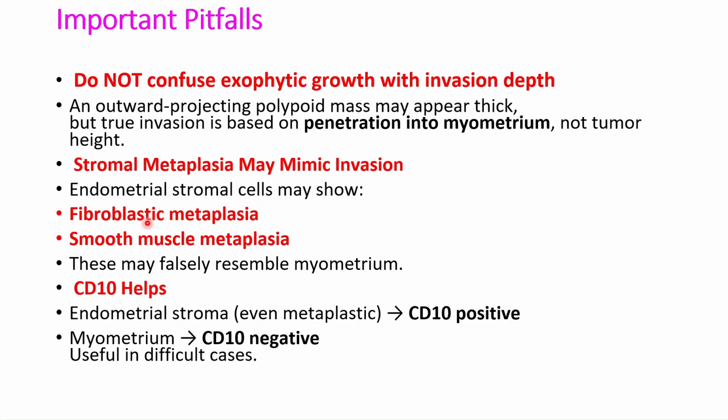Endometrial stromal cells may show fibroblastic metaplasia, smooth muscle metaplasia that resembles a false myometrial appearance. And sometimes CD10 helps because endometrial stroma, even metaplastic, is CD10 positive. If CD10 is negative and myometrium is there, so it is useful in difficult cases.